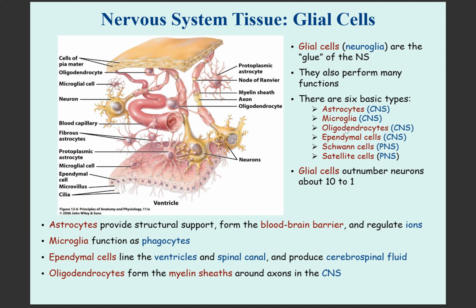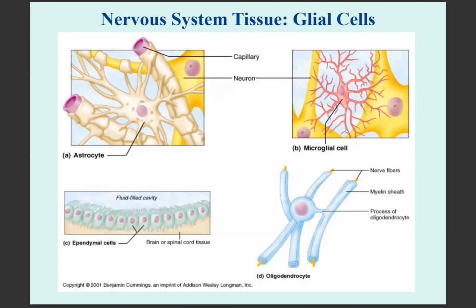Then the ependymal cells, we can see them lining the ventricles, and they are also involved in the formation of some form of choroid plexus, leading to the production of cerebrospinal fluid. So these are the ones that we see in the central nervous system.